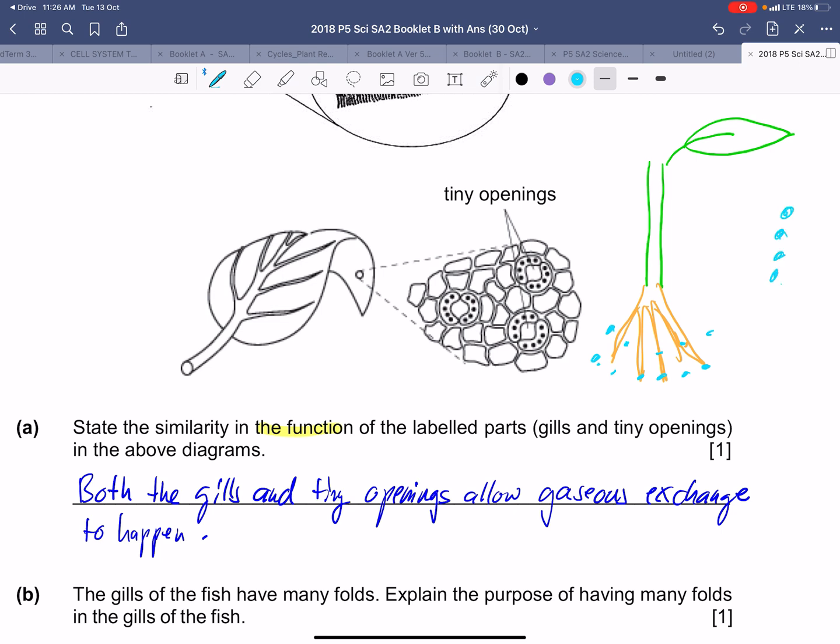So what happens is that as your water leaves the leaf, it will pull this chain of water from the roots upwards, helping in the absorption. There are two reasons why this must happen. One is to bring water from the roots all the way up to the leaf for what?